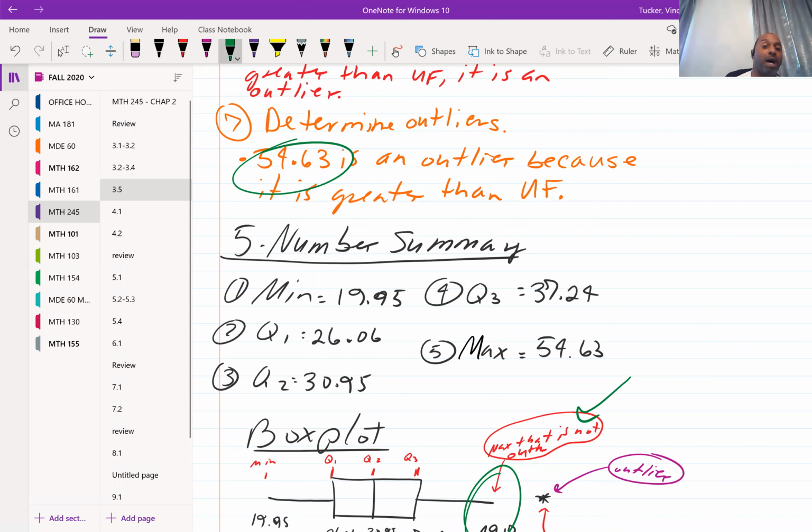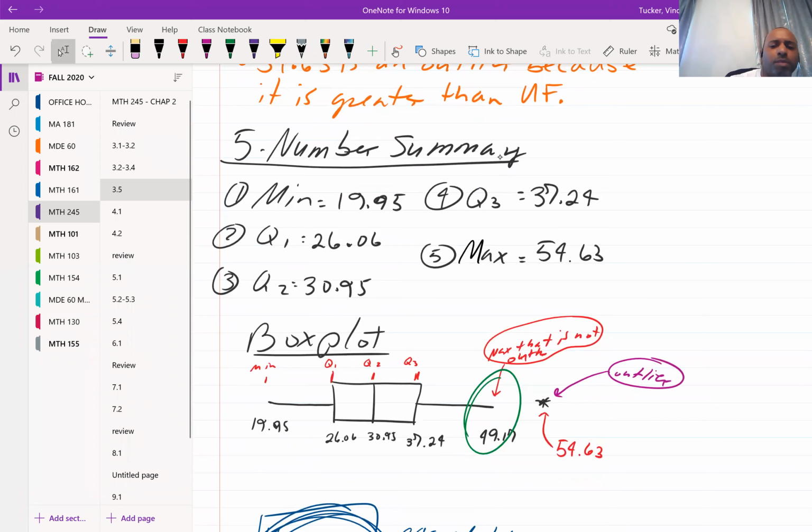So when it comes to your box plot, it won't extend out to the 54.63, but you still use it in your 5-number summary. And I think your book mentions it, but that's why they call this one a modified box plot, because if it's an outlier, it doesn't extend all the way. But this is what your book wants you to do.